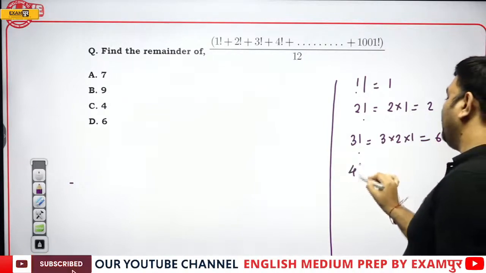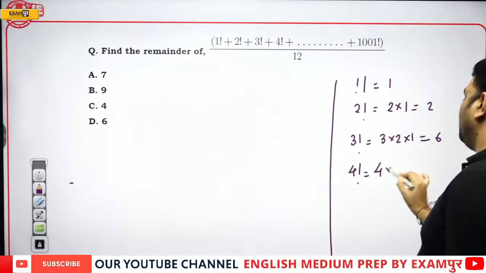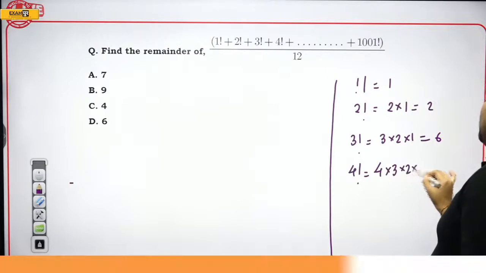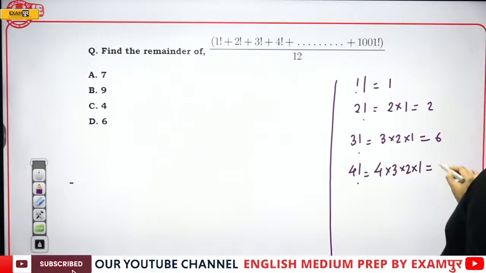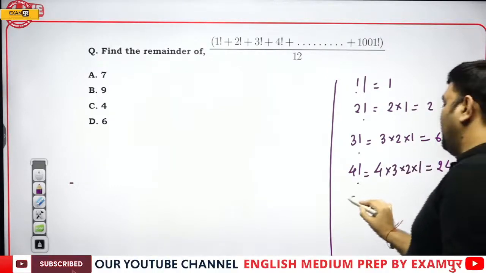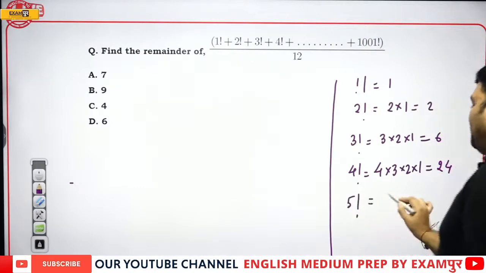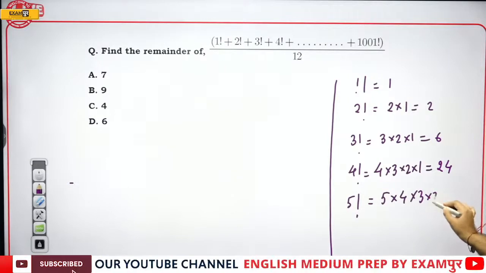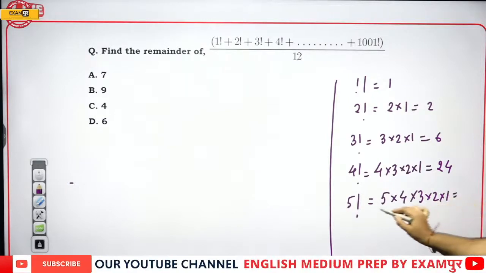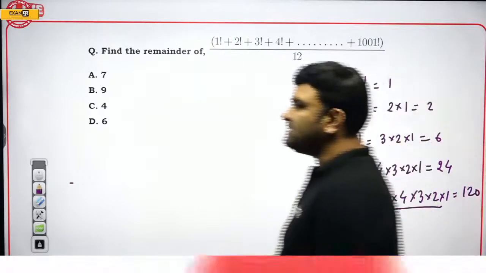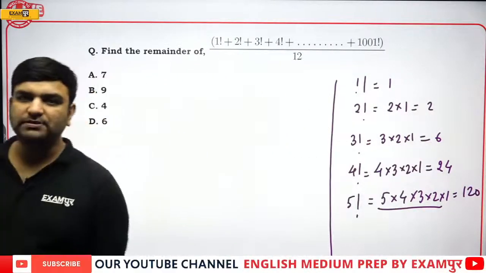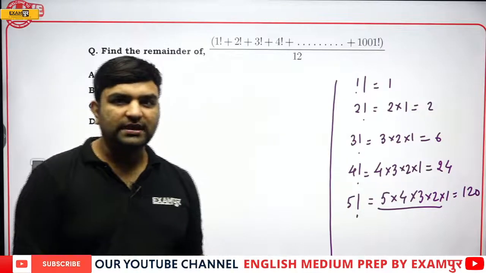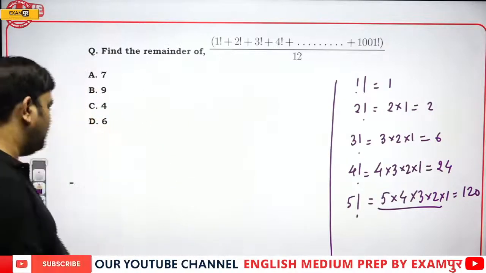Factorial 4 is 4 into 3 into 2 into 1. It is successive multiplication of numbers. Factorial 5 is 5 into 4 into 3 into 2 into 1, which is 24 into 5, 120.